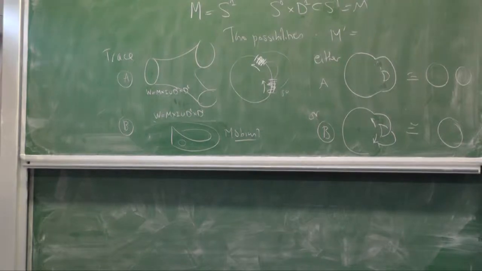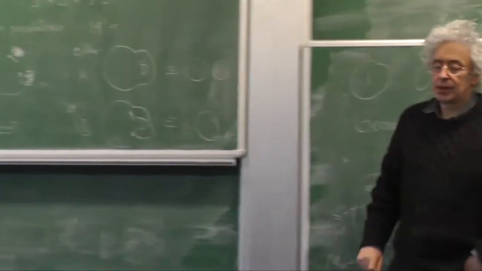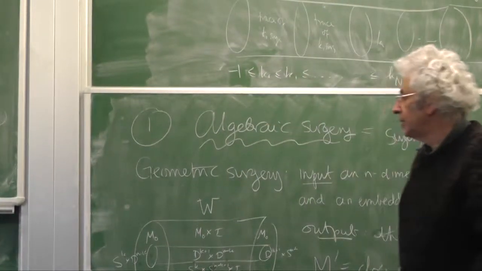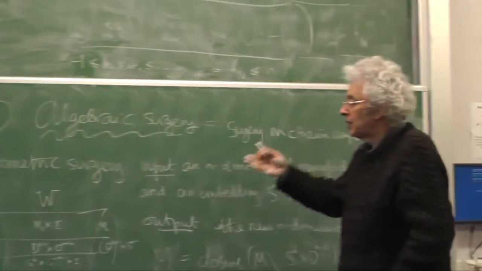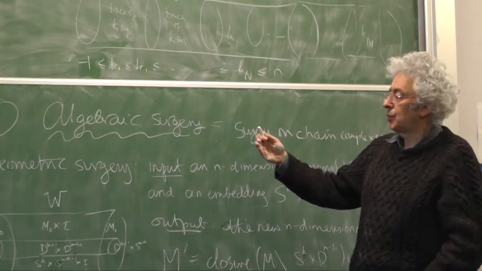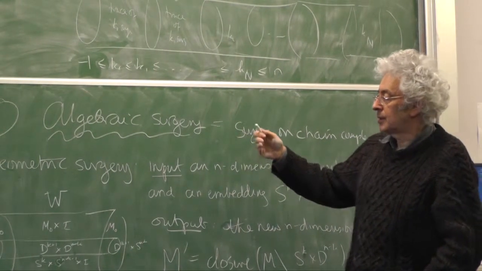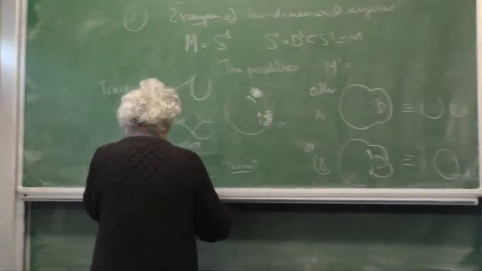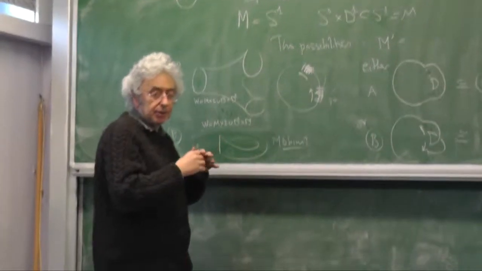Okay, so I'll deal with this in algebra. One of the things that algebra is supposed to be very good at is that you can predict the algorithms. Here you need some kind of geometric intuition to understand, when you do this trace business, do you get the Möbius band cobordism or the cylinder?